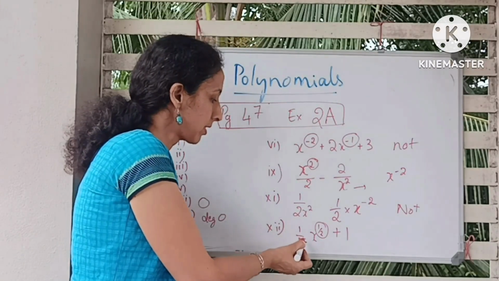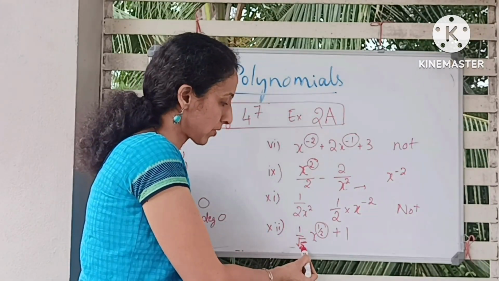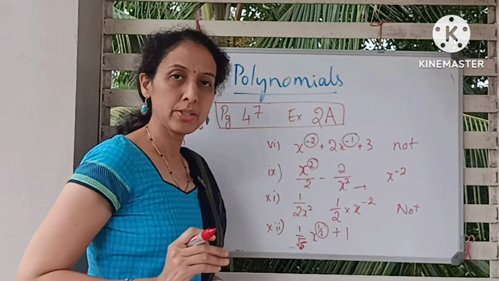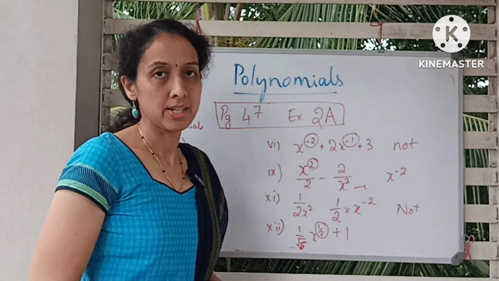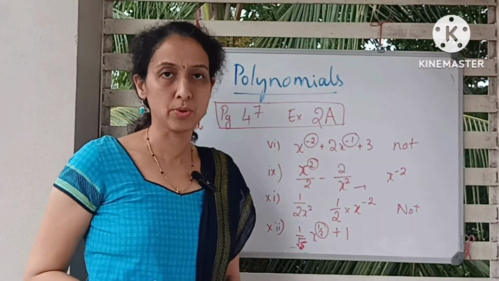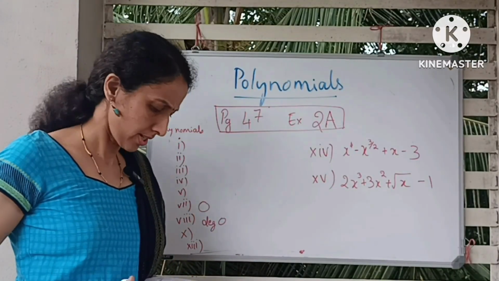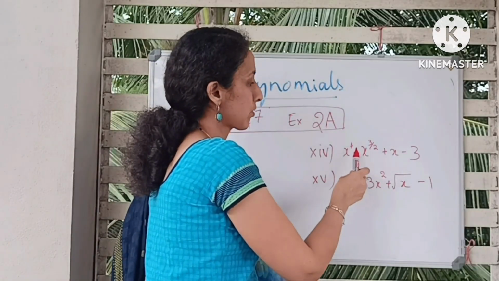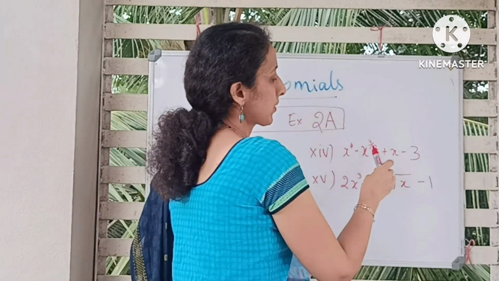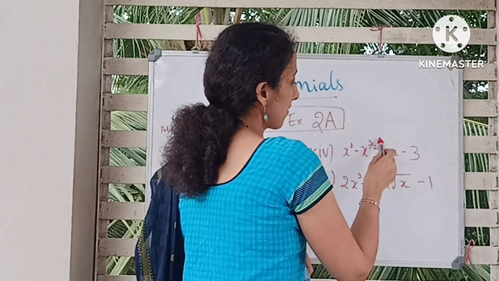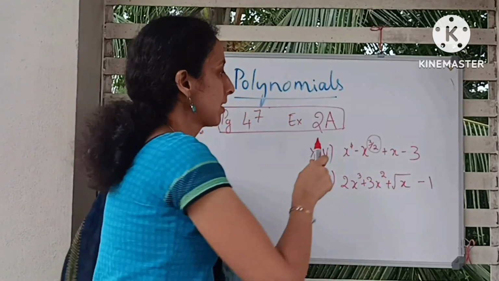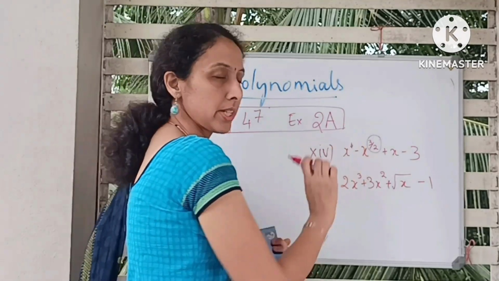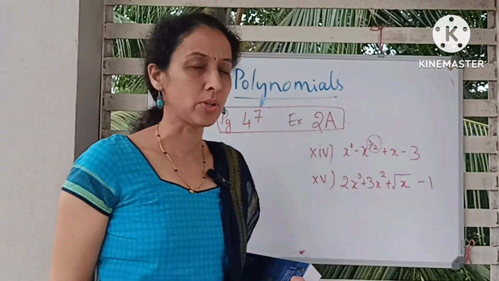And 12th one, where we have 1 by square root of 5 into x to the power 1 by 2 plus 1, where 1 by 2 is not an integer, that is why this is also not a polynomial. 13th one is a polynomial of degree 2. 14th one, which is x to the power 4 minus x to the power 3 by 2 plus x minus 3, where 3 by 2 is a non-negative rational number which is not an integer, that is why this is also not a polynomial.